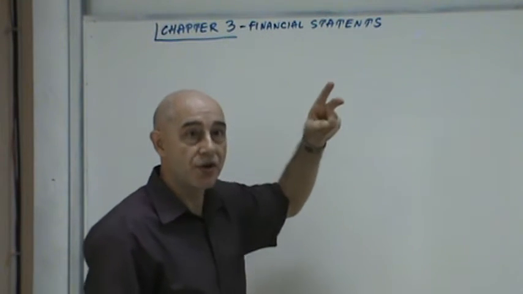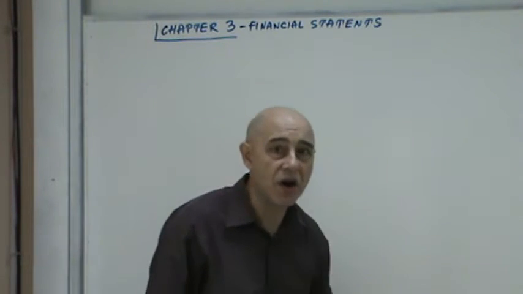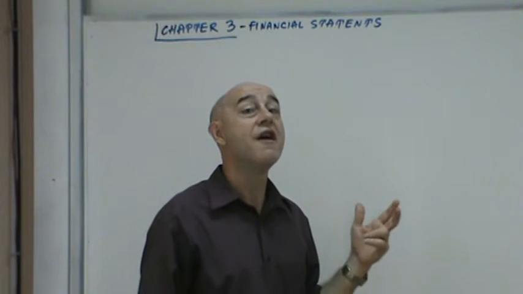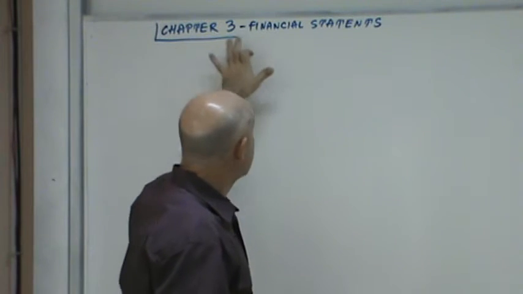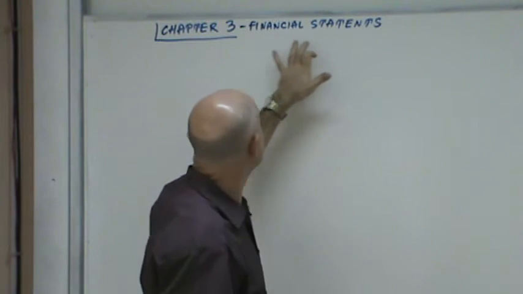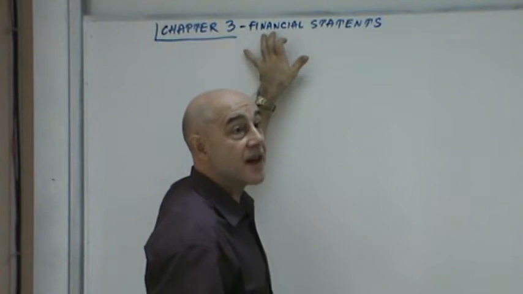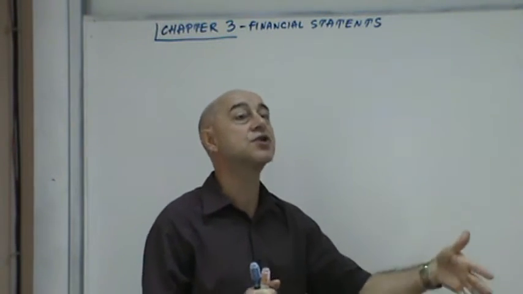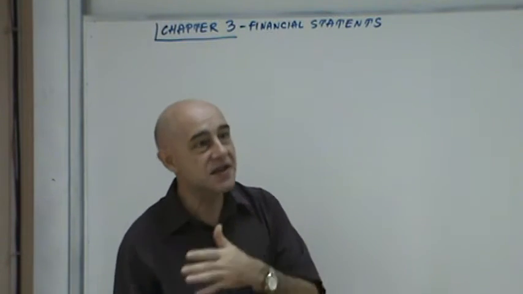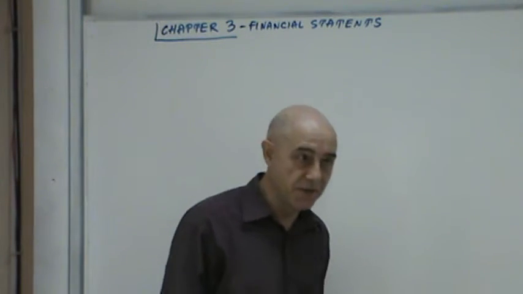Now, chapter 3 and chapter 4 are introduction to financial accounting. Chapter 3 is financial statements and chapter 4 is financial statement analysis. So these two chapters go together. The second one goes after the first.